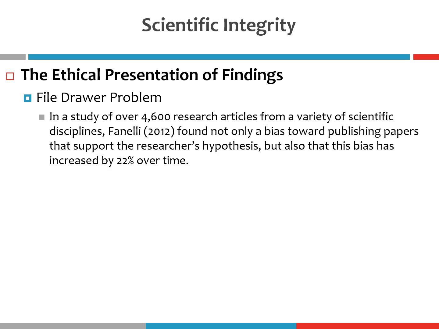We also want to be mindful of how we are presenting data. The file drawer problem is essentially the problem that there's a bias in terms of what papers get published. In a study of over 4,600 research articles from various scientific disciplines, a 2012 study found not only a bias toward publishing papers that support the researcher's hypothesis, but this bias has become much more extreme over time.